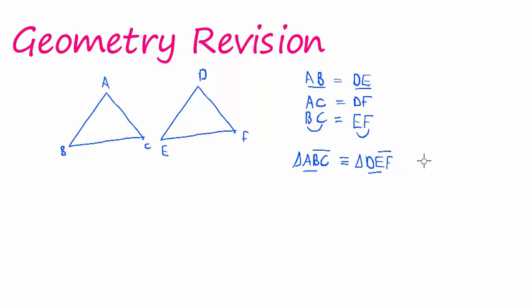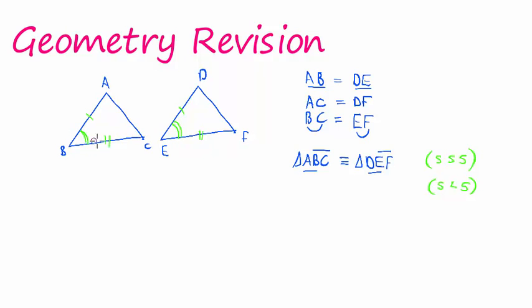So what this means is that their sides are equal. Now, if instead I know that 2 sides are equal, for example, this side is equal to that side, and this side is equal to that side, and I know that the angle that the 2 sides make, in other words, the included angle, is also equal, then it also means that they are congruent.